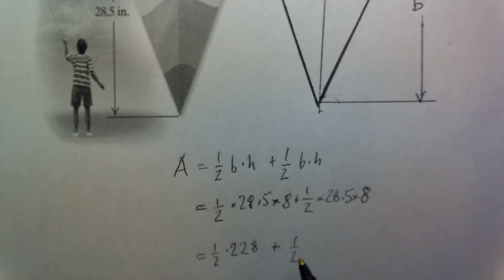Remember, we're having two identical triangles here, 228. And so 228 divided by 2 is 114. And 114 plus 114 is equal to 228 square inches.